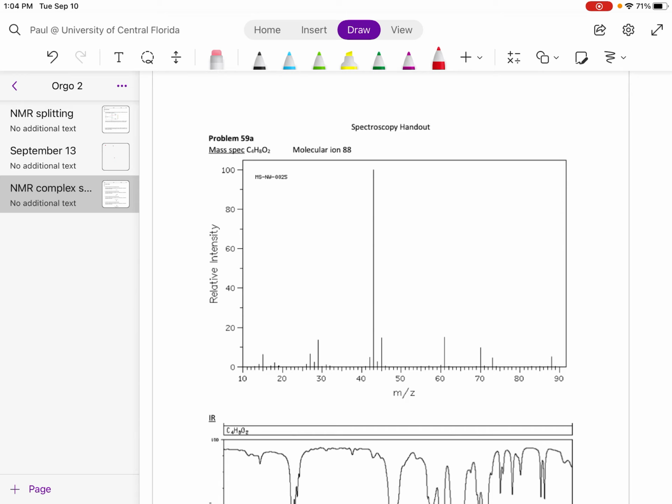So first thing is we have to do the degrees of unsaturation. So C4H8O2 gets converted to C4H8. 2 times 4 plus 2 equals 10. Minus 8 hydrogens divided by 2 equals 1 degree of unsaturation.